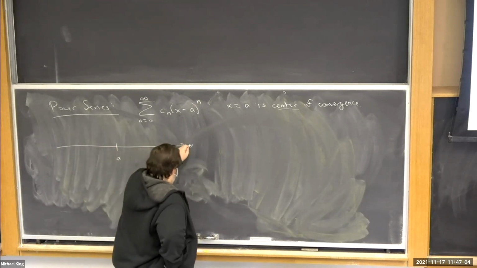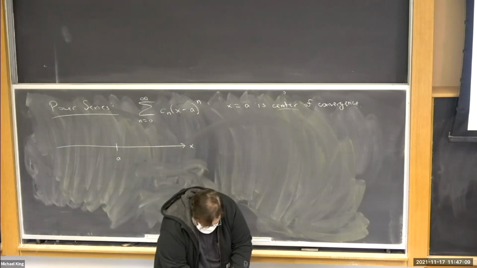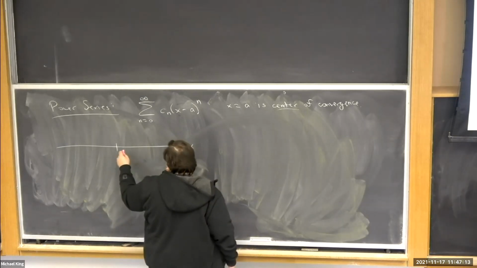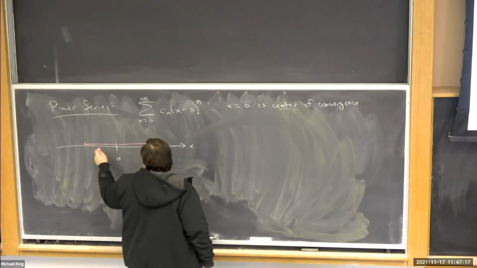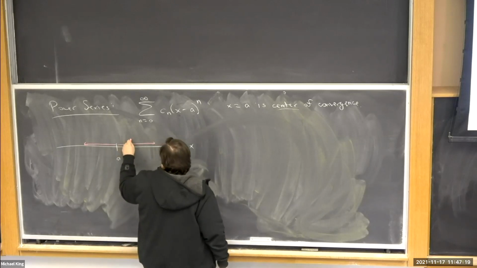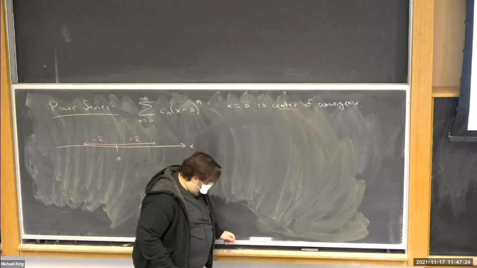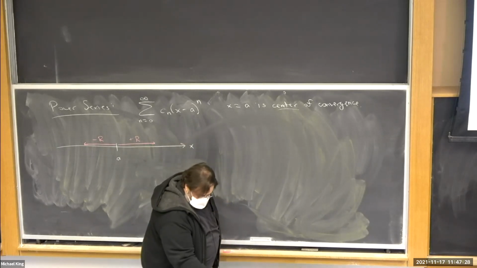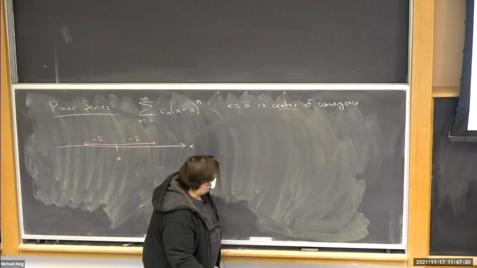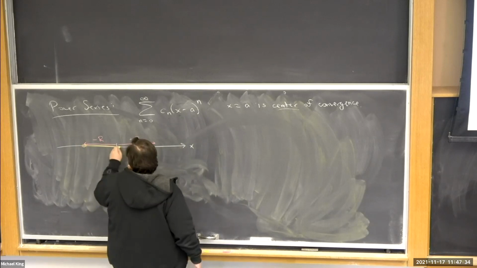And then what we found is that it's kind of neat that it actually converges equidistant from the center. So you'll get some interval of convergence, plus r and minus r away from the center. And that r could be infinity, it could be 0, there are different cases. But then you end up with some sort of interval of convergence here.